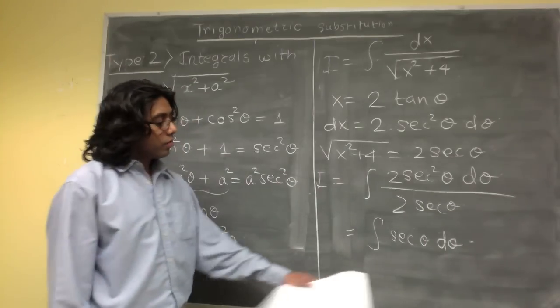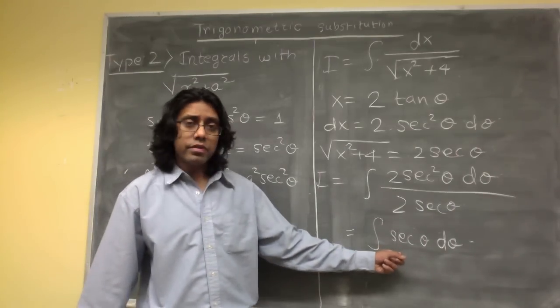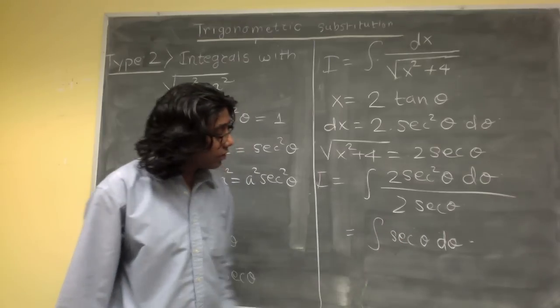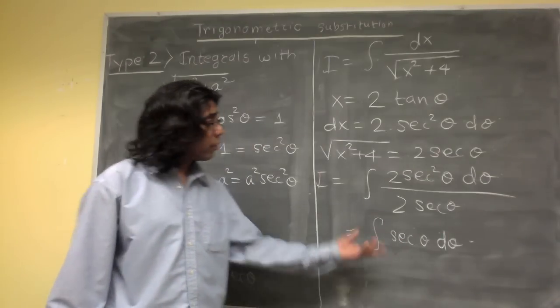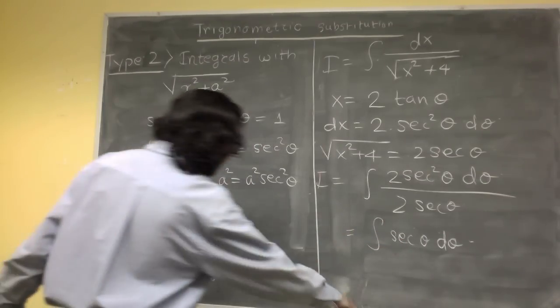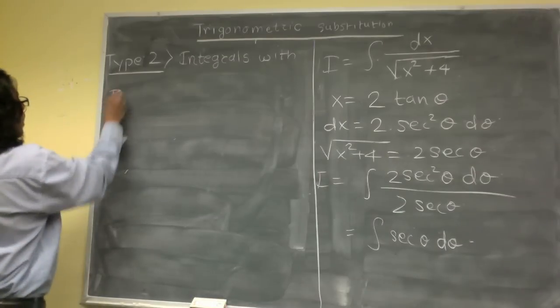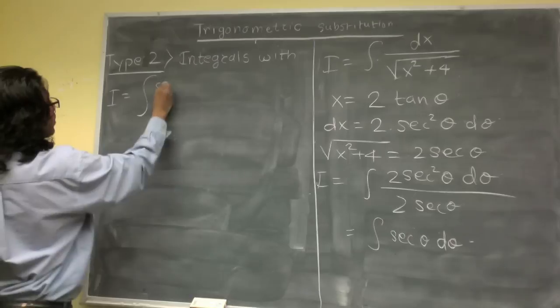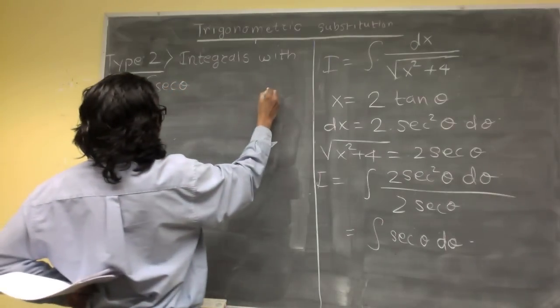Now this integral can be computed. You can either remember what this integral is, or we can evaluate it right now. So I is the integral of secant theta d theta.